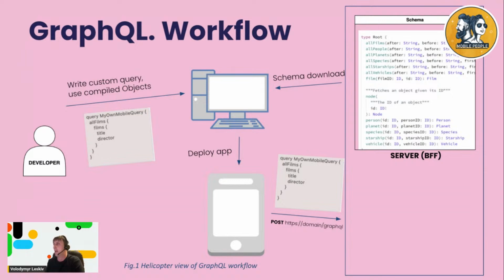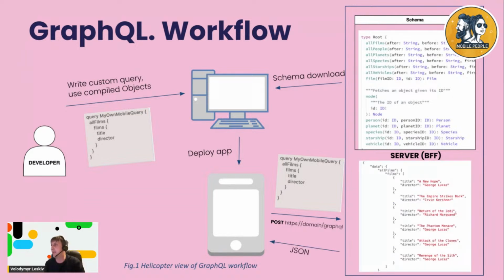And then the server BFF will return JSON, which will exactly clone the structure we requested. So the structure returned in JSON is the same as we requested.